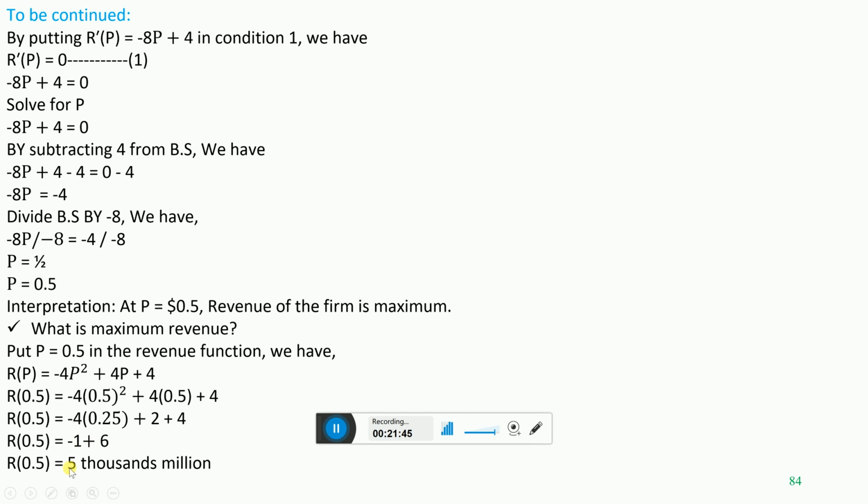So 6 minus 1 is equal to 5, and the calculated revenue is in thousands of millions. What does this mean? This means that the revenue of the company is 5,000 million. We calculate revenue in thousands of millions, so 5,000 million is the total revenue of the company.